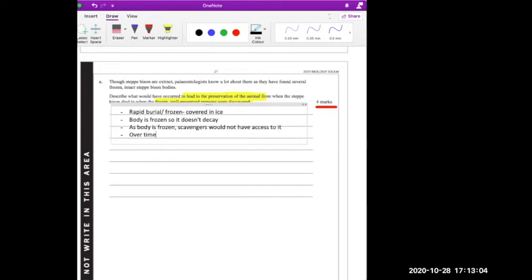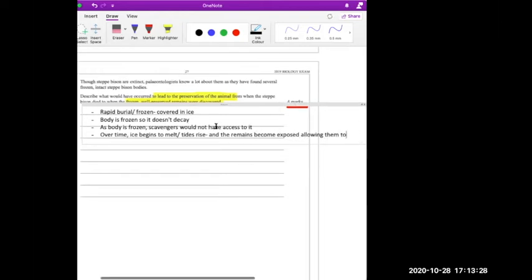And then over time, ice begins to melt. You can add in a cheeky nod to climate change there. The glaciers start to melt, and then the remains begin to be exposed, right? Ice begins to melt, tides rise, whatever, and the remains become exposed, allowing them to be discovered.